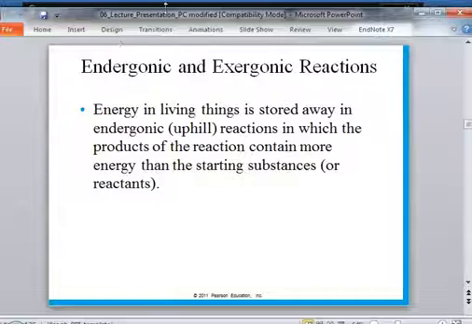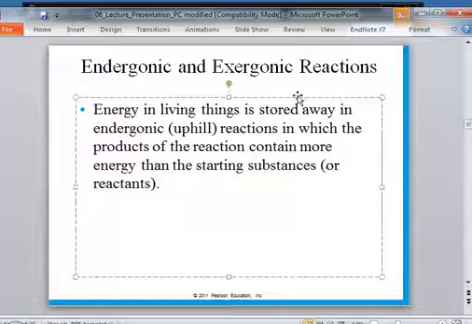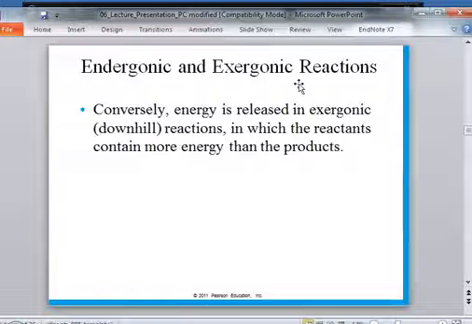Okay, so energy in living things is stored away in these endergonic uphill reactions in which the products of the reaction contain more energy than the starting substances or reactants. Conversely, energy is released in exergonic reactions in which the reactants contain more energy than the products.